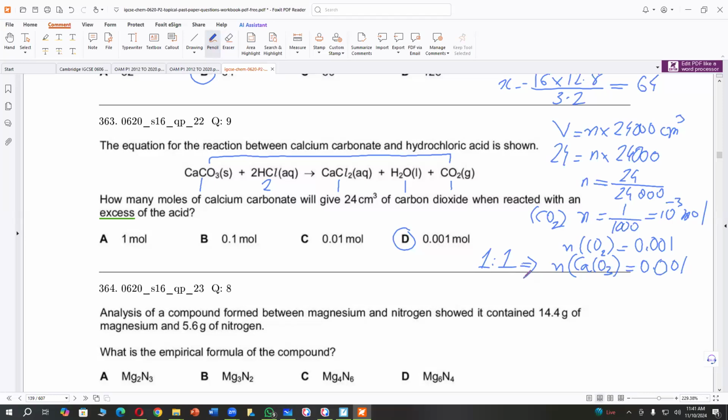Because in the equation it is 1:1. Yes. Now do this working. I hope you're working with me in your book. The main benefit is to work on the book.